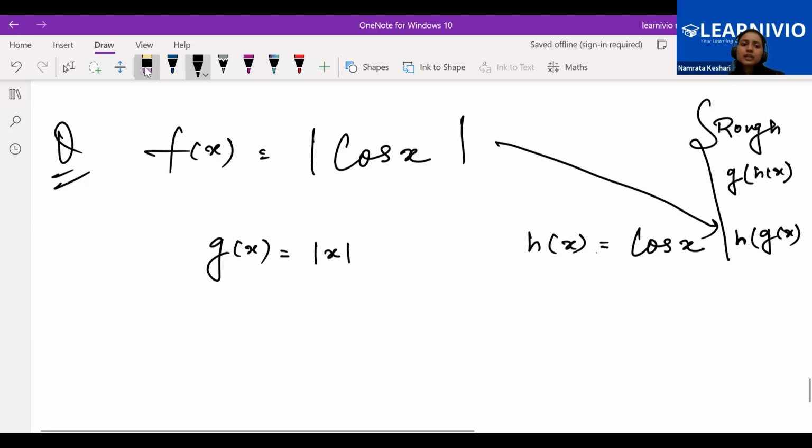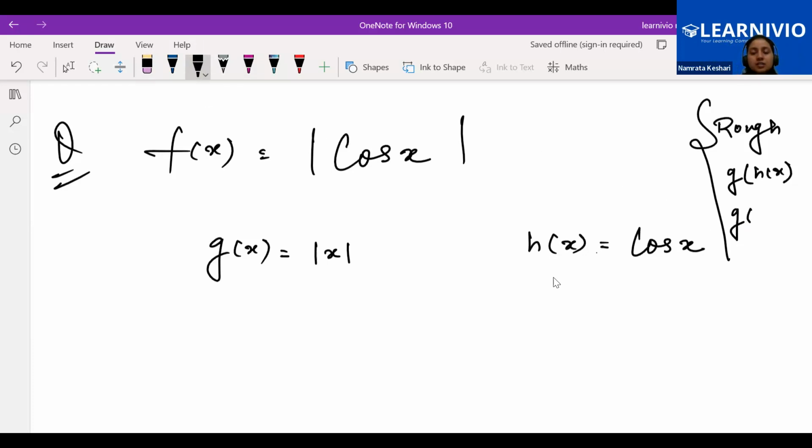So you can take that composite function only. Whether we take g of h(x) or h of g(x) doesn't matter at all. Getting it? Getting it, Fatima? What I'm trying to say? Yes. Okay, let's check g of h(x).